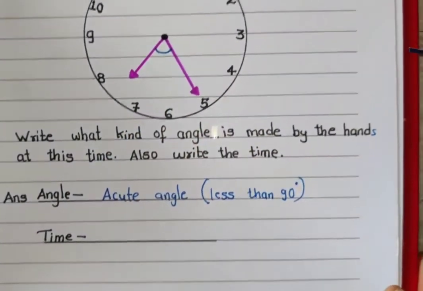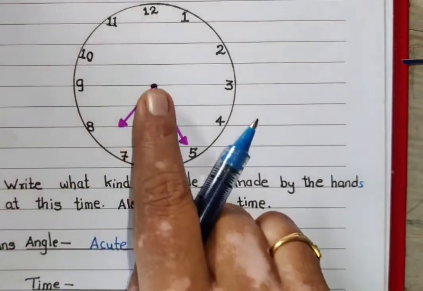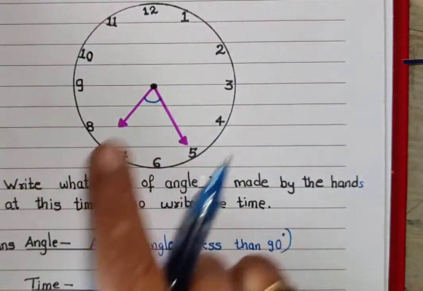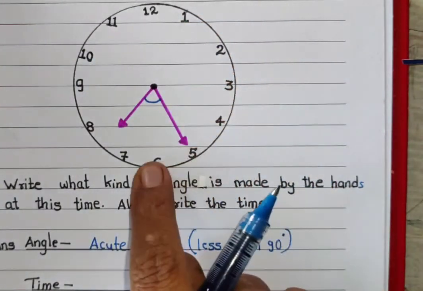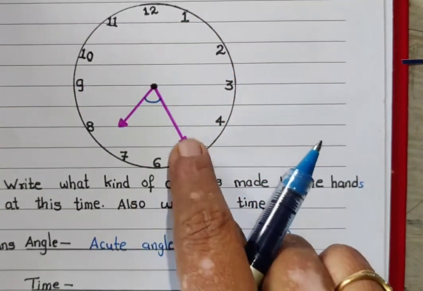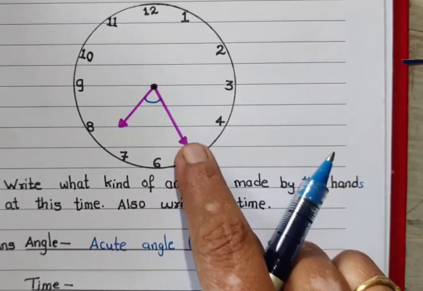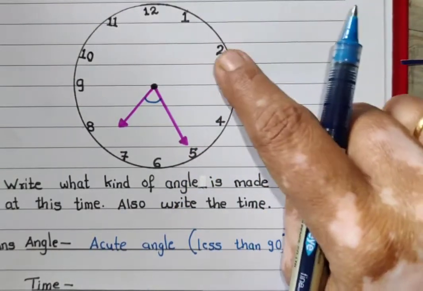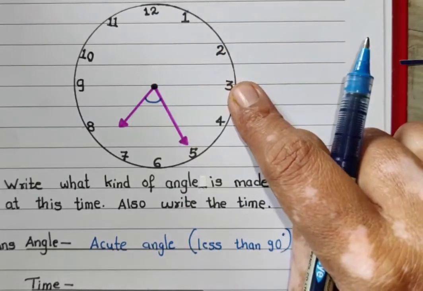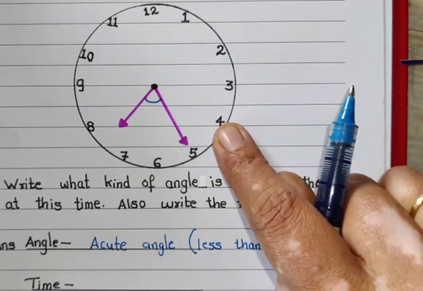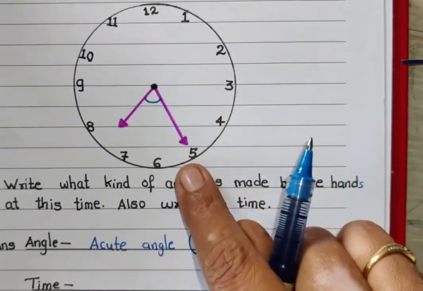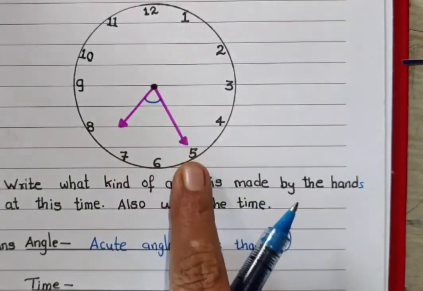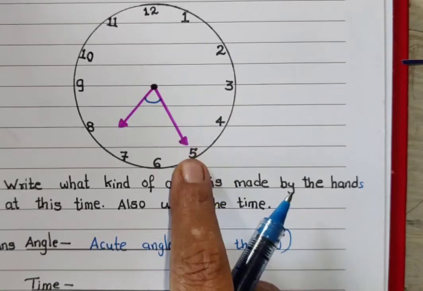Now what is the time shown by the clock? You could see the hour hand has passed 7. So it is 7 past. And for the minute hand, we take the multiples of 5, that is the table of 5. 5 ones are 5, 5 twos are 10, so 10 minutes. 5 threes are 15, so 15 minutes. 5 fours are 20, so 20 minutes. 5 fives are 25, so 25 minutes. Now the minute hand is on 5, so we multiply 5 fives.